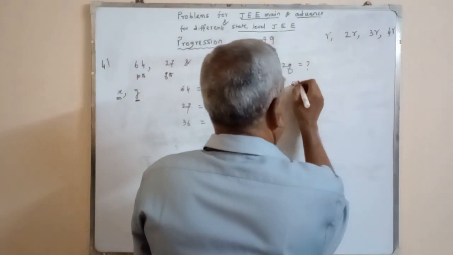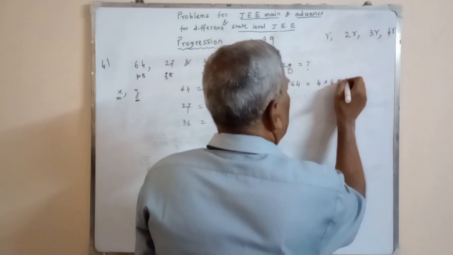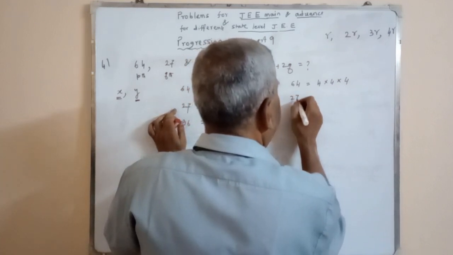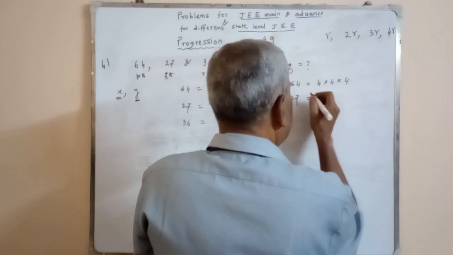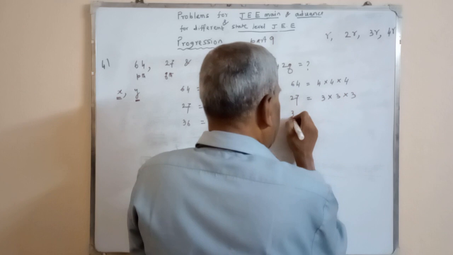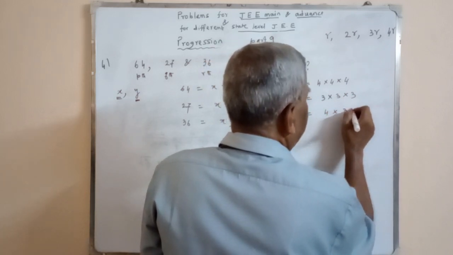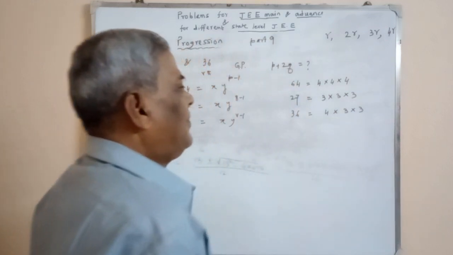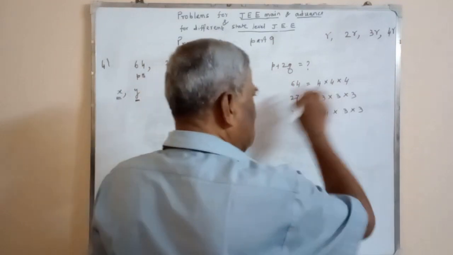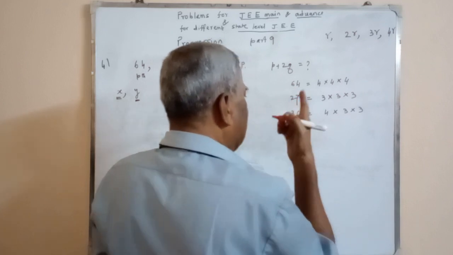You see, 64 is equal to 4 into 4 into 4, 4 cube. 27 is equal to 3 into 3 into 3, and 36 is equal to 4 into 9. Now let us factorize to find the relation between 64, 27 and 36.